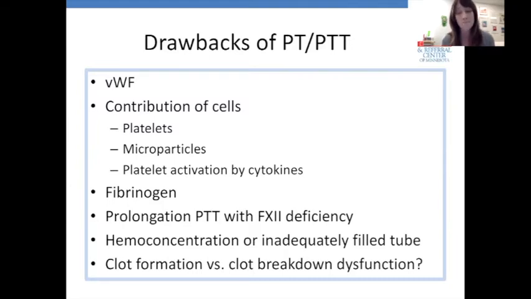But the drawbacks of the PT and PTT include the following. They don't evaluate von Willebrand's factor appropriately. So if you've got a patient with von Willebrand's disease, you can run a PT, PTT, and those can be completely normal, and the animal can have clinical bleeding.